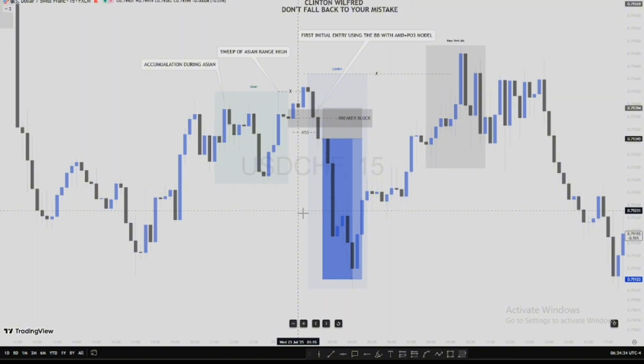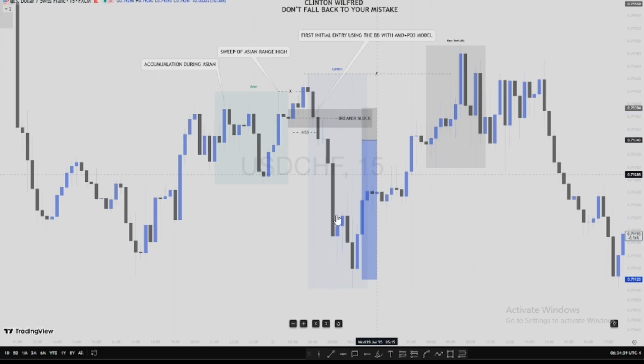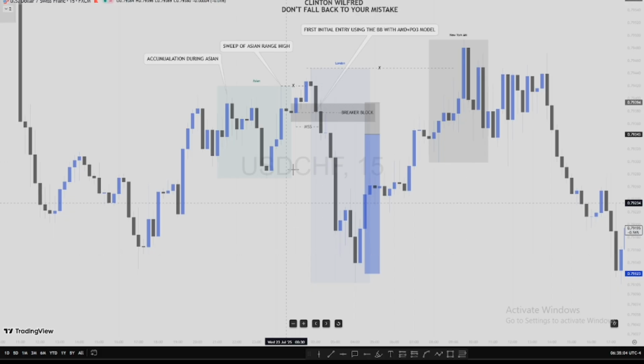So what we now look for, you can see at this level we had the last down close candle. Remember I said the last down close candle is the bearish breaker. Just look again at your left, if you have a down close candle, you can see we have a down close candle right here.